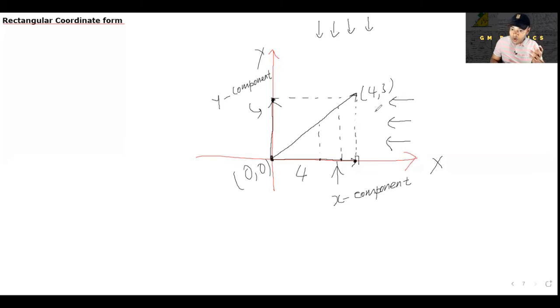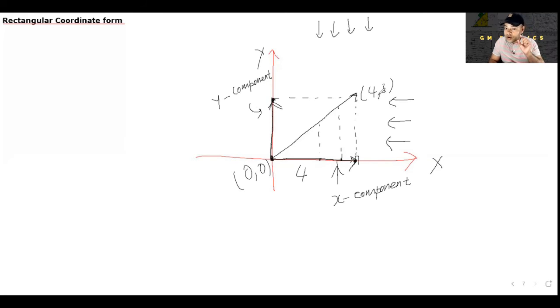So what we called the coordinates of the head of the arrow are effectively the projections of the vector along the x-axis and y-axis respectively, which we call the components of the vector. That is, the one along the x-axis is called the x component, and the one along the y-axis is called the y component.